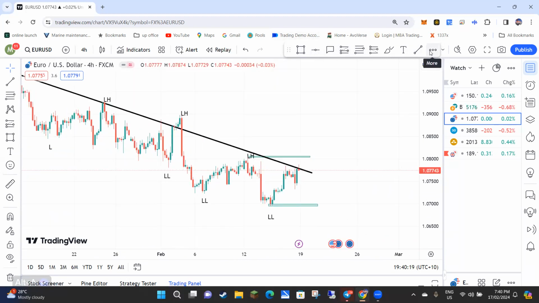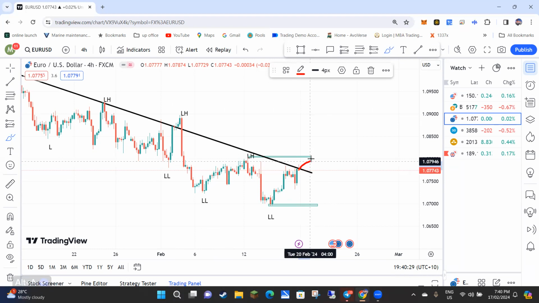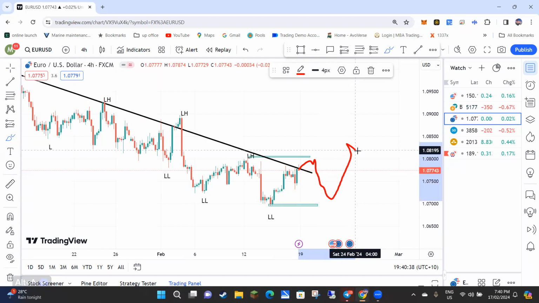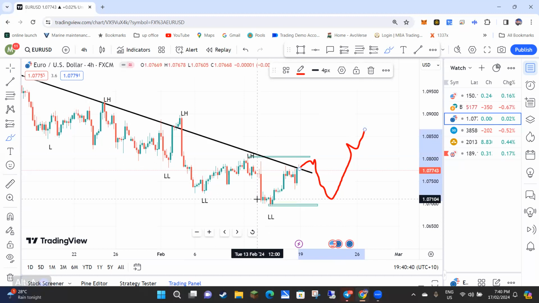Now, let's just pretend like with the market and we'll see what it's doing. The market may come up a little bit like this and then come back down and then start coming up again. So if that was what would happen, there's a couple of things I'd look at here.